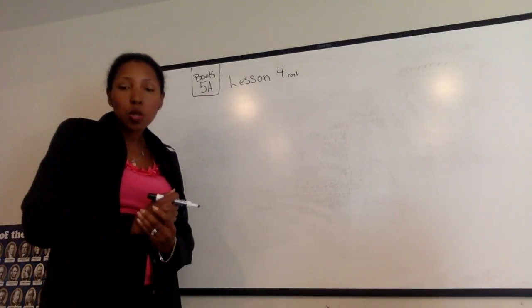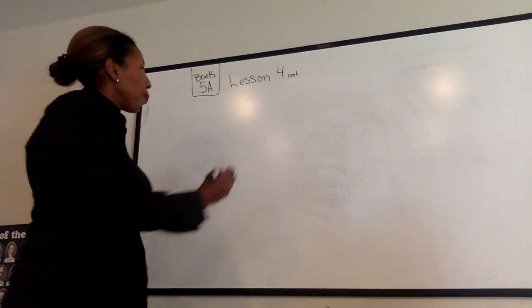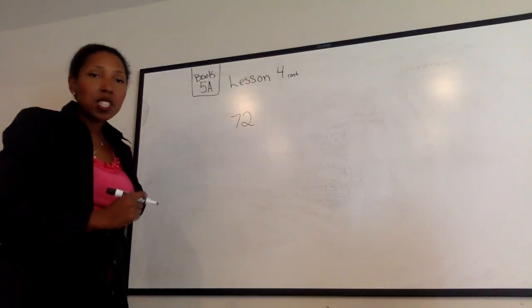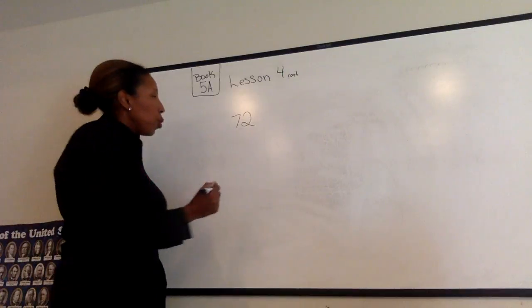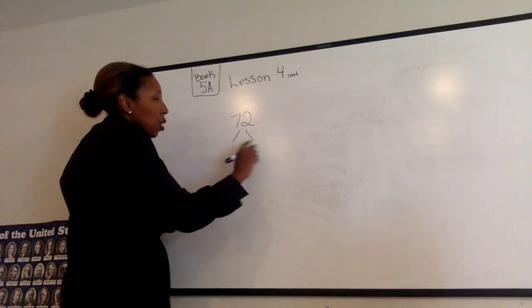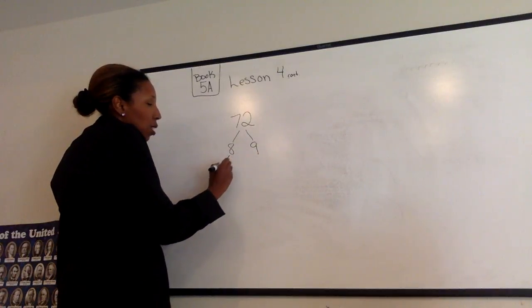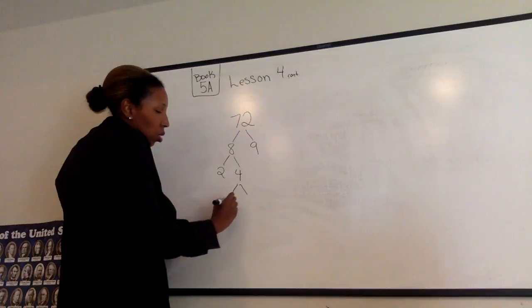So first what I'm going to do is start with the number 72. If I wanted to take 72 and do prime factorization, I would do a factor tree. So I would think what two numbers, and it would be 8 and 9, and then 8 breaks down into 2 and 4, and 4 breaks down into 2 and 2.